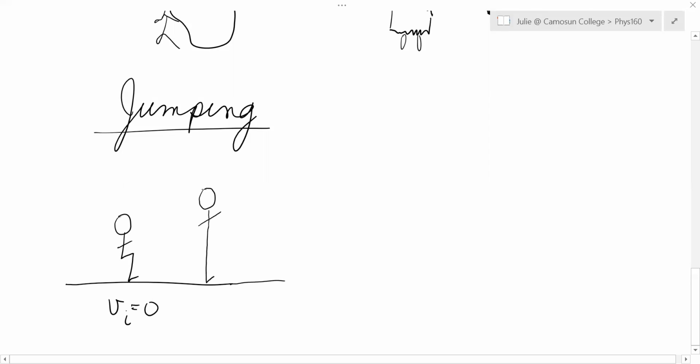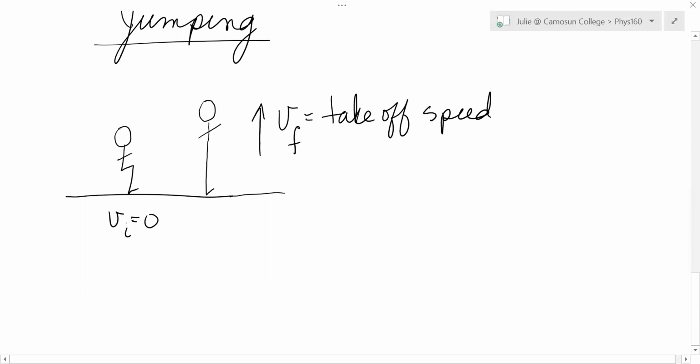So you straighten out your legs until you reach your takeoff speed. And so VF would be your takeoff speed. Now during that process, you are not in free fall. You are under the influence of two forces, not just gravity, but the normal force as well as gravity.